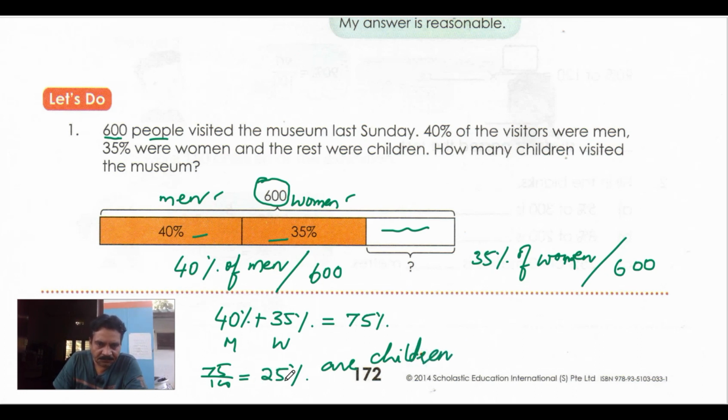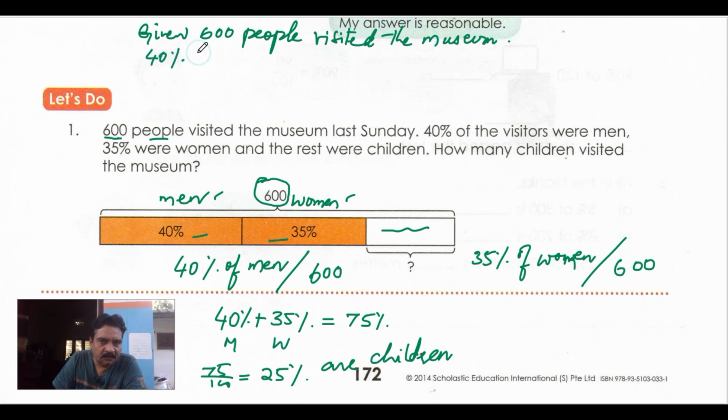So here we will see what is the 25% of 600 people, right? I'll do it here. Given 600 people visited the museum, 40% were men, 35% were women.